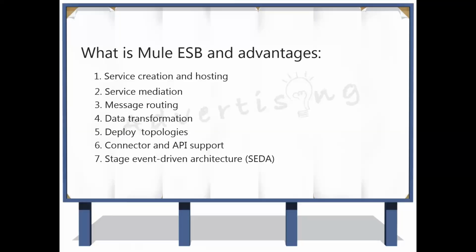But what happens if you already have a connector in ESB? You can directly plug and play with it. You just need to configure the connector configurations where you provide your username and password, like how we do it in a database, where we give the host, username and password, and then it will get us the metadata, what all the operations you can perform on each object in Salesforce.